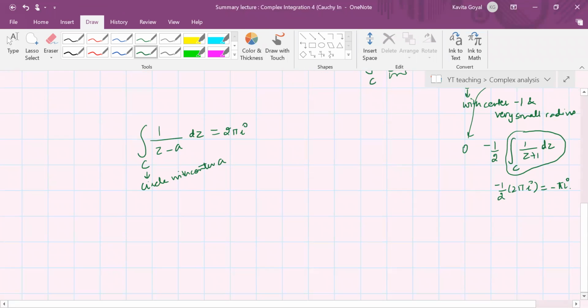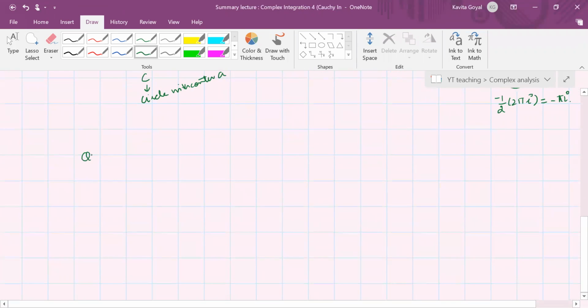Till now we had simple curves. You can actually have a problem where you are traveling twice around a curve. Let me give you one example.